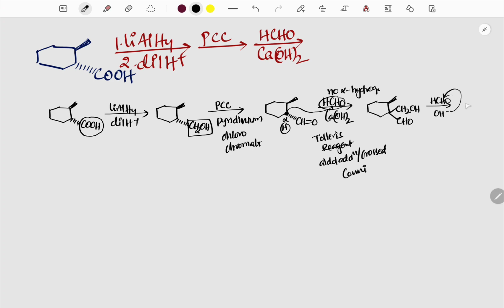OH minus attacks the formaldehyde, which undergoes oxidation, and this aldehyde undergoes reduction. So it is our final product. So the last reaction is the Tollens reaction, a combination of aldol addition and crossed Cannizzaro.